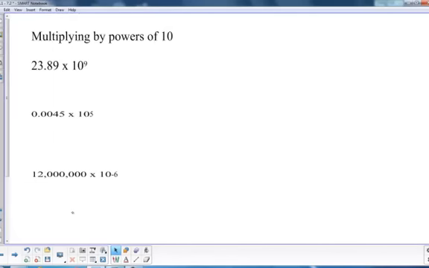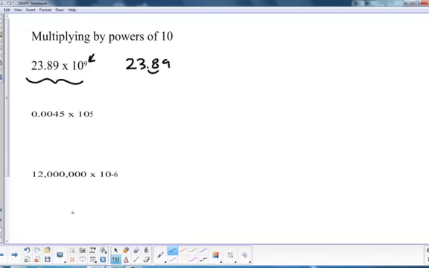So scientific notation is a number between 1 and 9.999. So this is actually not even proper scientific notation. None of these are. We'll go ahead and multiply these out, but I just want to make sure you understand this is not proper scientific notation. So if we're doing 10 to the 9th, I'm going to write 23.89.